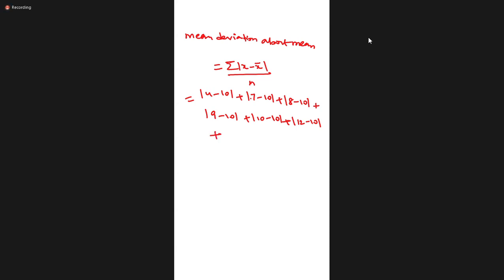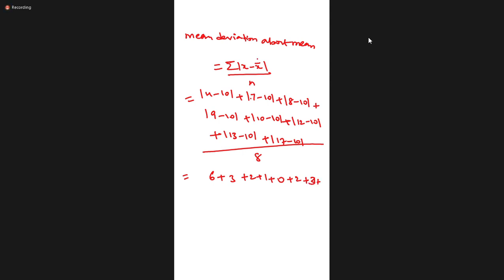Suppose 4 minus 10 is minus 6, modulus of minus 6 is plus 6. Like this we have to write. So 6 plus 3 plus 2 plus 1 plus 0 plus 2 plus 3 plus 7, divided by n, where n means number of observations.